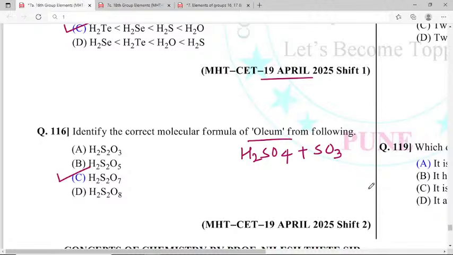Sulfuric acid plus SO3: if you combine the two formulas, we get H2S2O7, called oleum. So what is the structure here? S, HO, S double bond O, this is O, S double bond O, and this is OH. This is the structure of oleum.